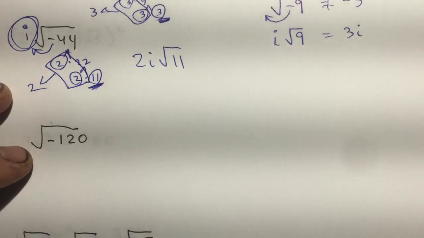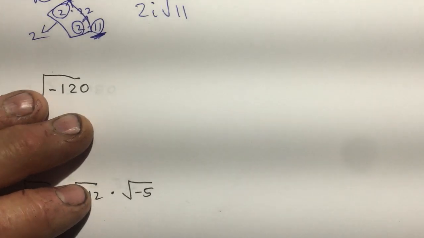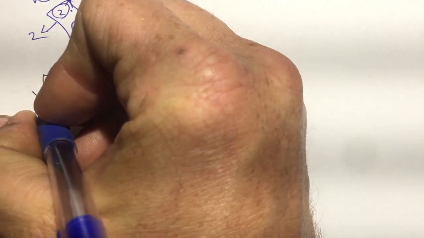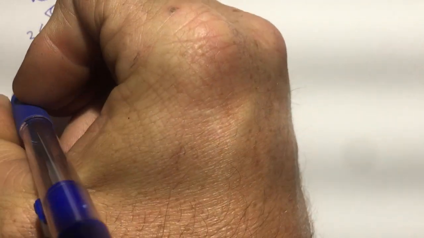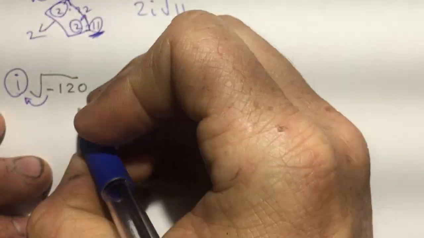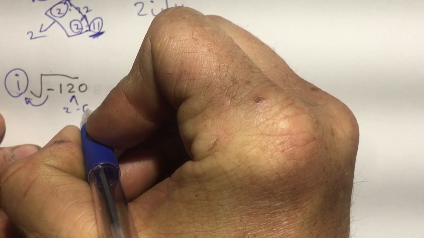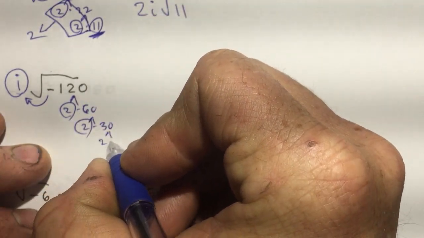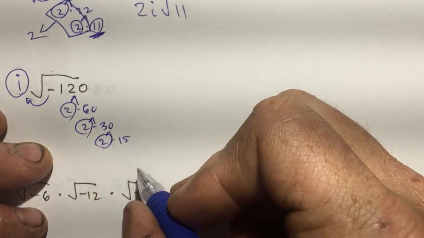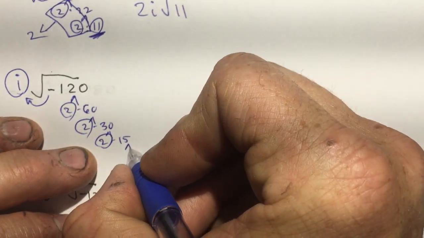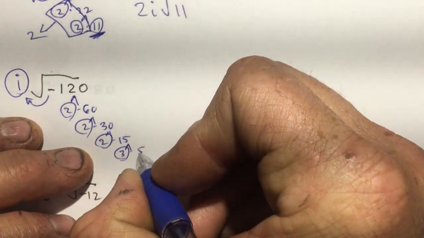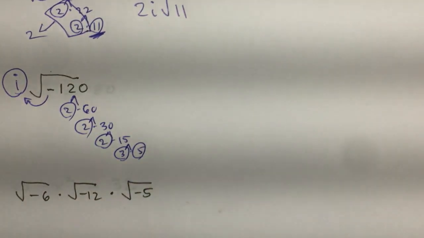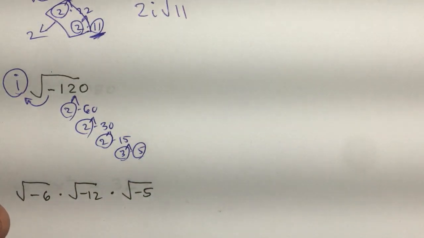One more like that. Negative radical 120. So radical negative 120, sorry, that sends out an i. So I break down my 120: 2 times 60, 2 times 30. 30 is 2 times 15, and then we won't do 2 no more. 15 is 3 times 5, and there you go. There's my primes. What do I have pairs of?